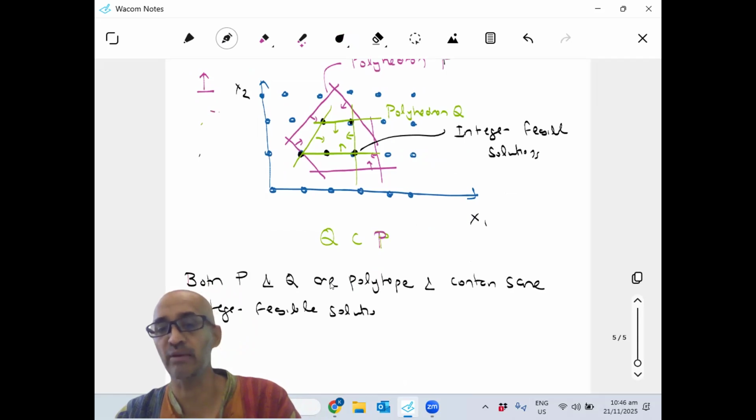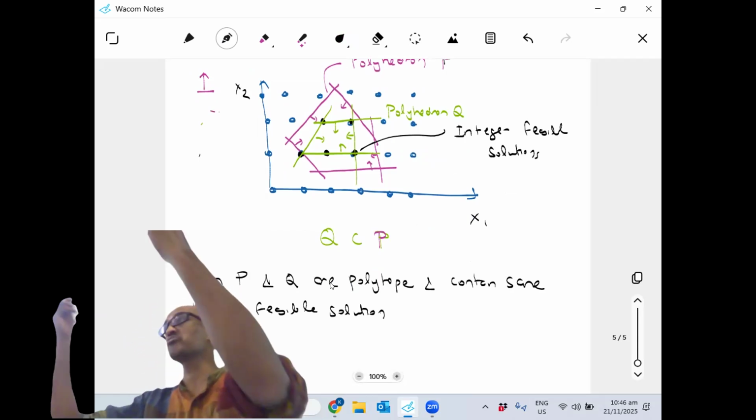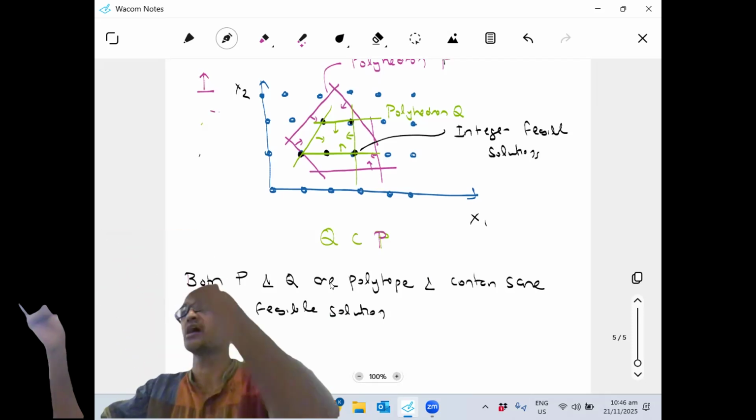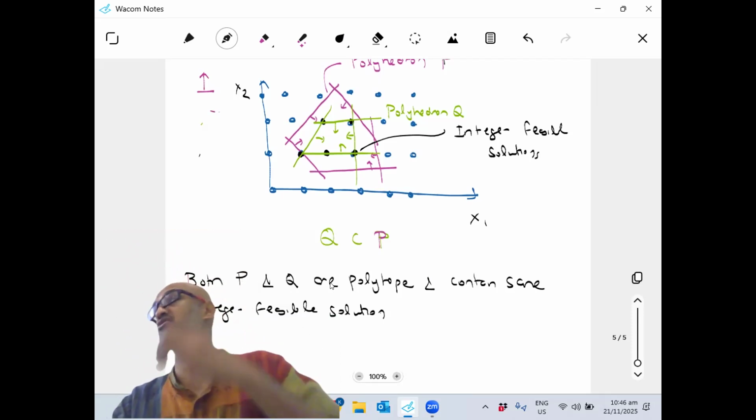So if I were to solve a mixed integer linear program over these two sets, it's the same set of integer points. So both are valid IP formulations for my problem. If I use these 5 inequalities and say x is integer, it's the same set of points as using these 4 inequalities and x is integer.